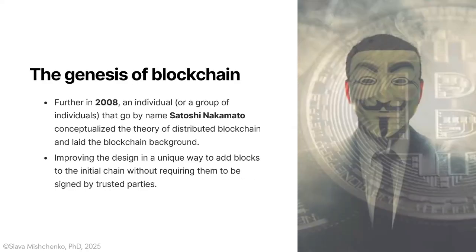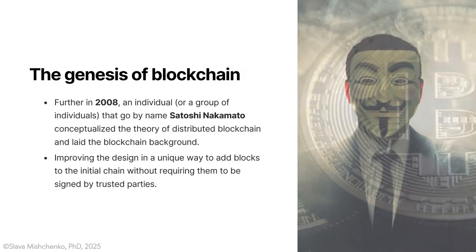Now, let me tell you about what I consider the most pivotal moment in blockchain history. The mysterious emergence of Satoshi Nakamoto in 2008. And this is where the story gets really interesting. What fascinates me most about this period is how one individual or perhaps a group, we still don't know for sure who they are, managed to solve a problem that had puzzled cryptographers for decades.